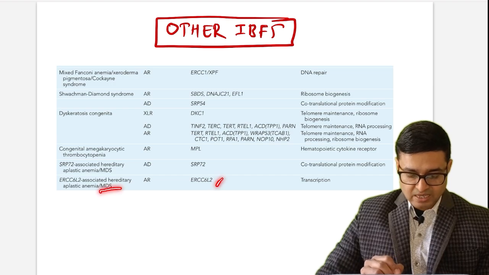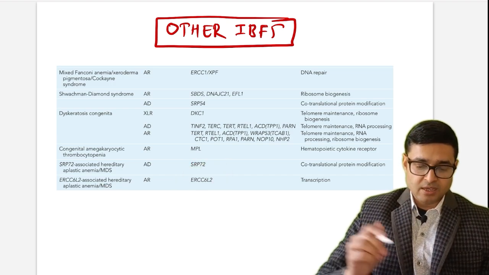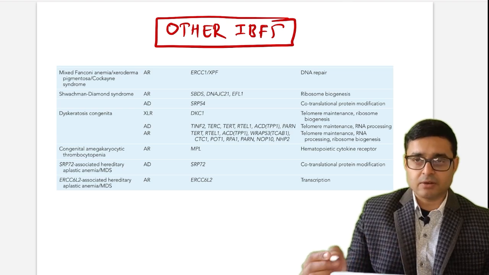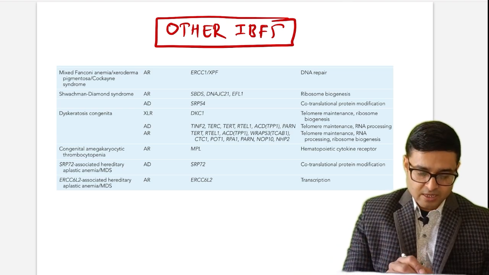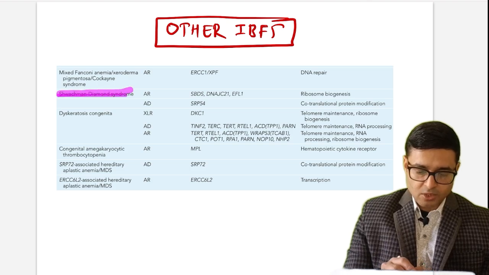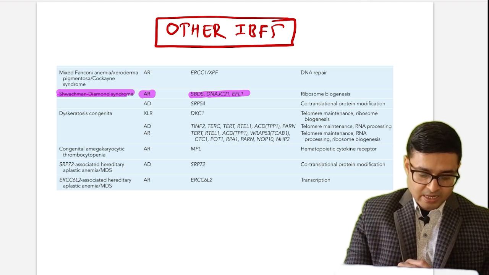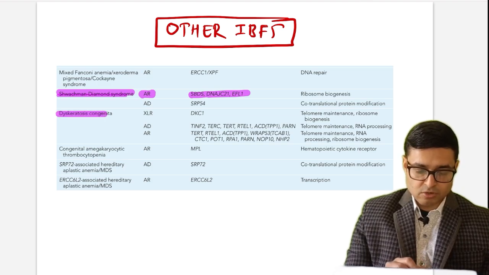In this busy table, what you have to remember is we will highlight it and only remember these. This syndrome you have to remember. Okay, this is autosomal recessive. These genes you have to remember. And dyskeratosis congenita, just remember most common is XLR, others AD and AR.